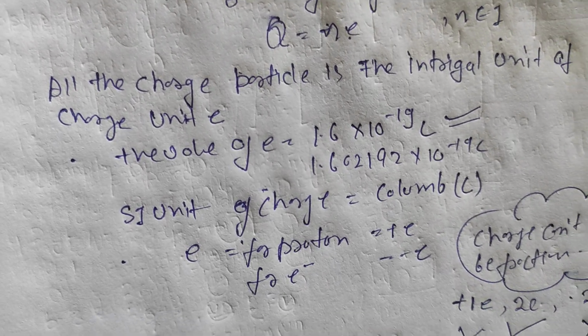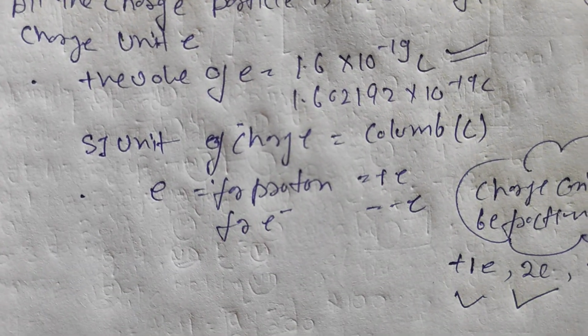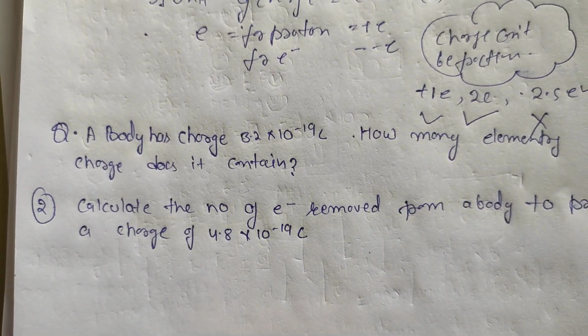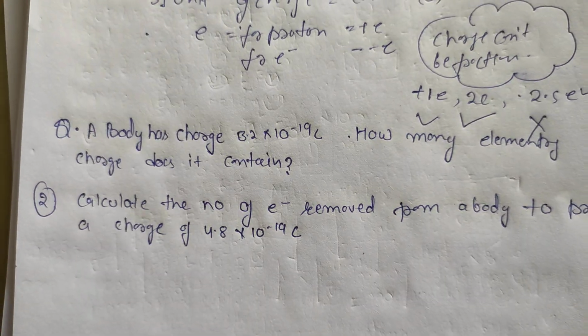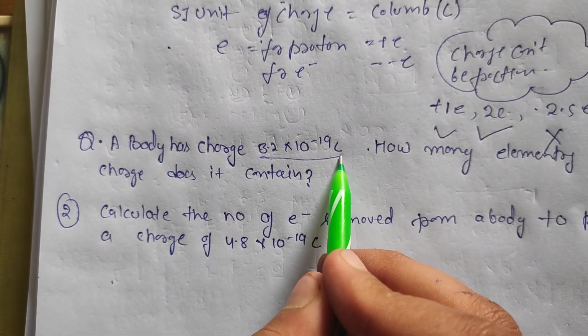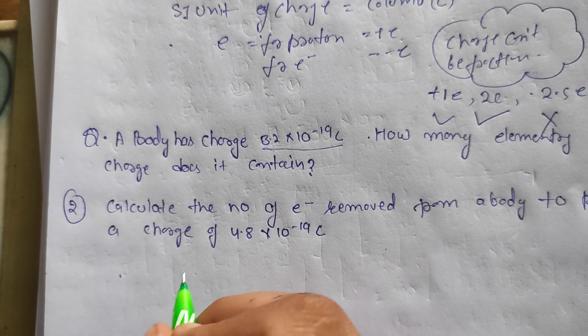Now some important questions, so I write these two questions. Let's solve them. The first question: a body has a charge of 3.2 × 10^-19 coulomb, and we want to know how many elementary charges it contains.